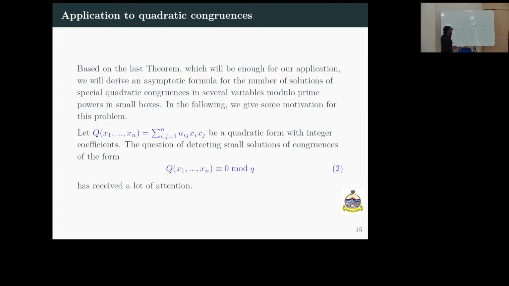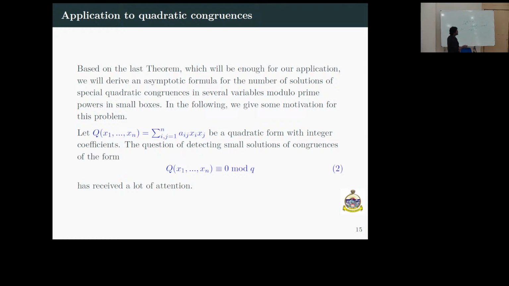Okay, so what does a standard quadratic form look like? We denote it by q of x1 to xn, the summation over i and j from 1 to n of aij xi xj, where these aij's are integers. Then we are interested in detecting solutions of this congruence modulo p, and there is a lot of work behind it.